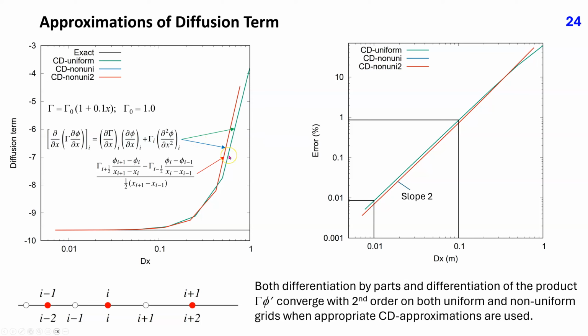The red line, labeled CD non-uni 2, shows the results from this expression applied to non-uniform grids. The blue and the red lines lie exactly on top of each other and cannot be distinguished. The convergence is of second order on both uniform and non-uniform grids.